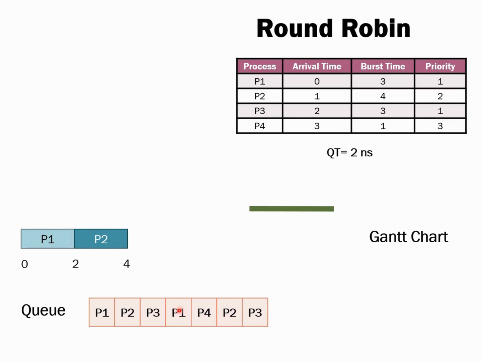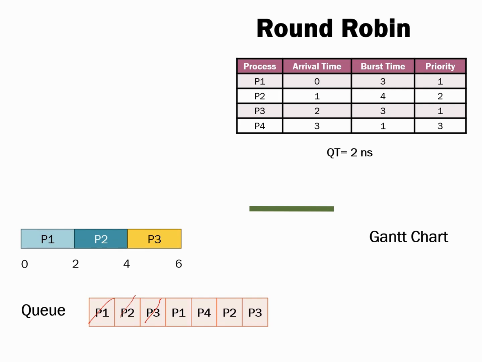So till now we have scheduled P1 and P2, and now the first in the queue is P3. We give 2 nanoseconds to P3 too, and since no new process is coming, P3 goes to the end of the queue.